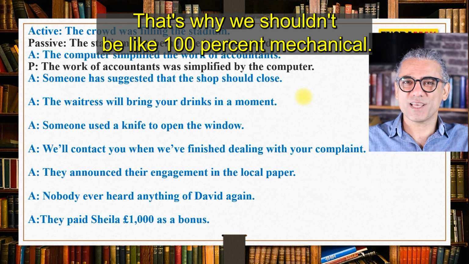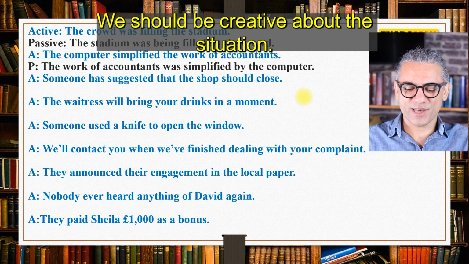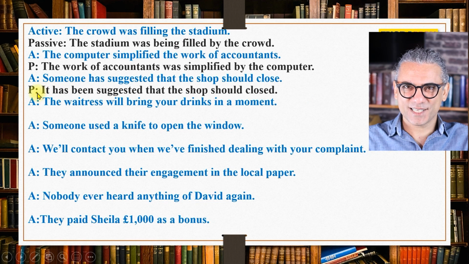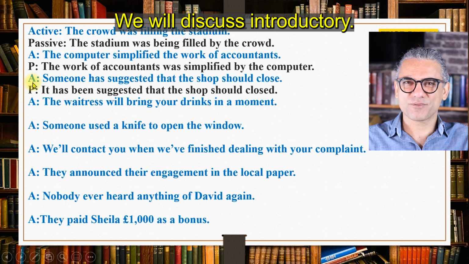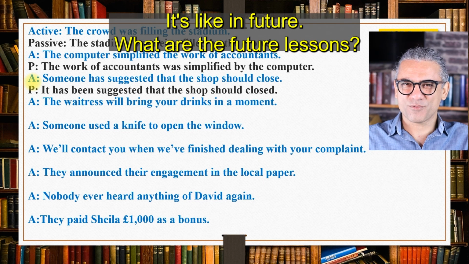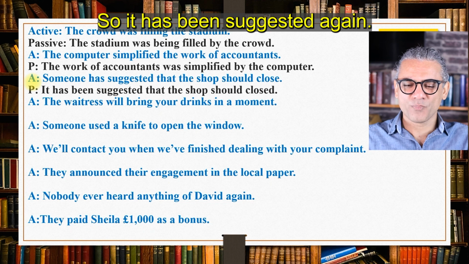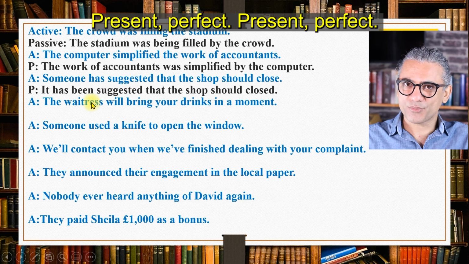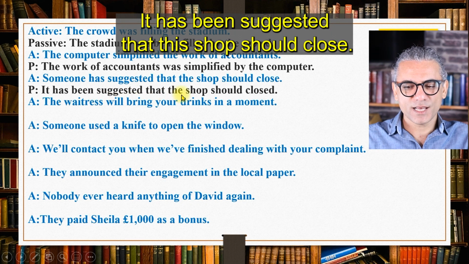That's why we shouldn't be 100% mechanical. We should be creative about the situation. So we use introductory "it." We will discuss introductory "it" in one of the future lessons soon. "It has been suggested," again, present perfect. "It has been suggested that the shop should close."